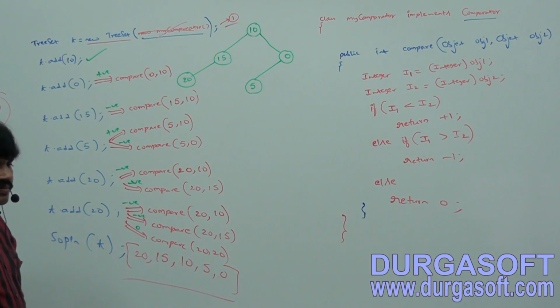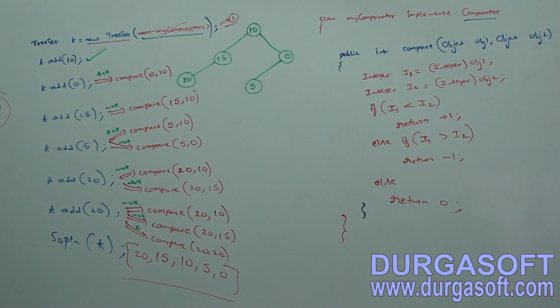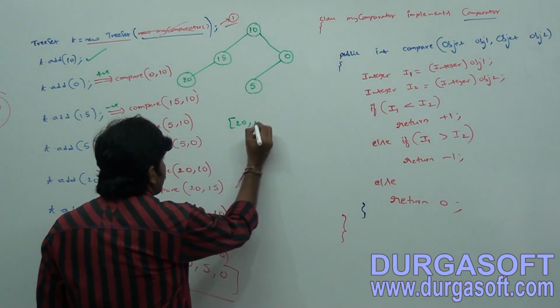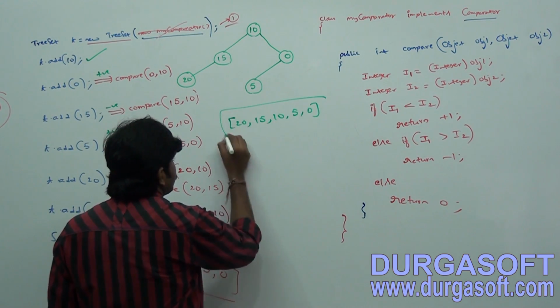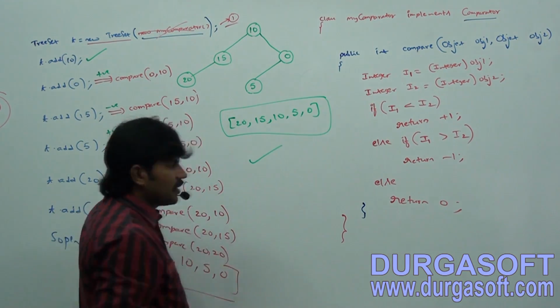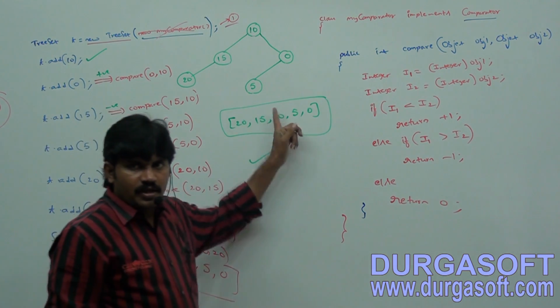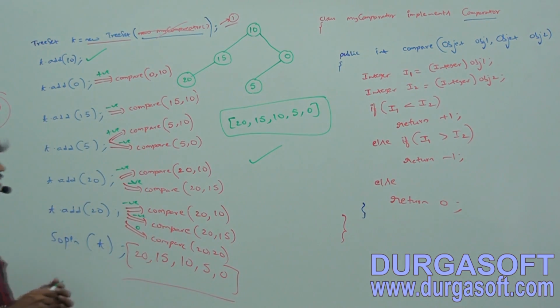In this case, can I spell out the output? 20, 15, 10, 5, 0. That is what we are going to get. I hope you are aware clearly. Next.